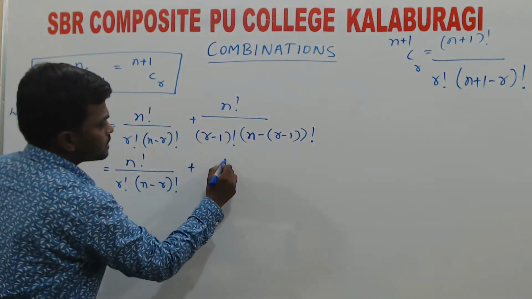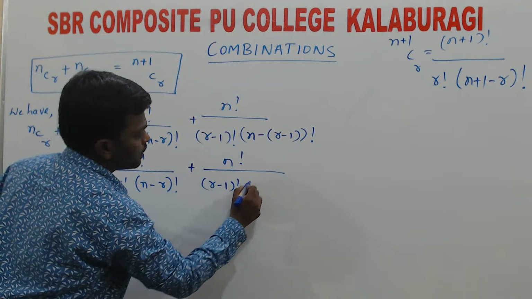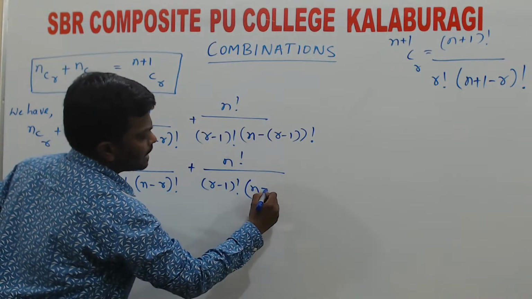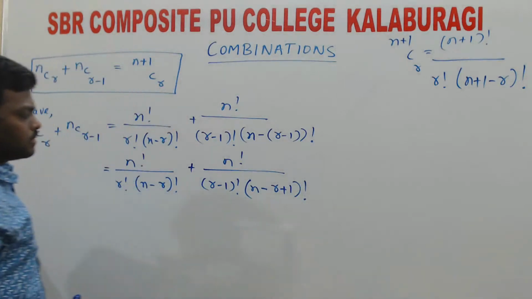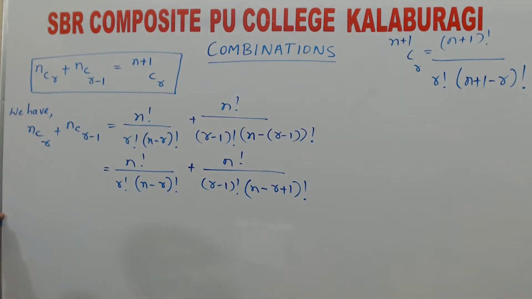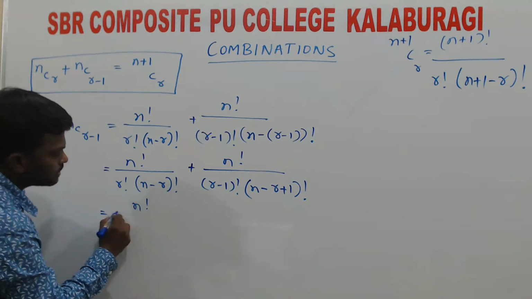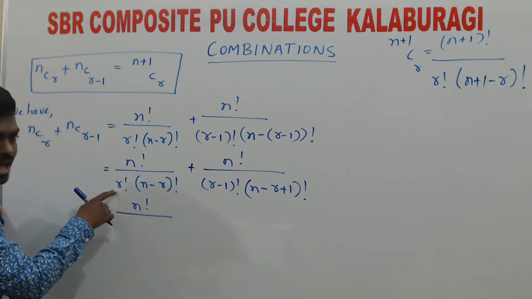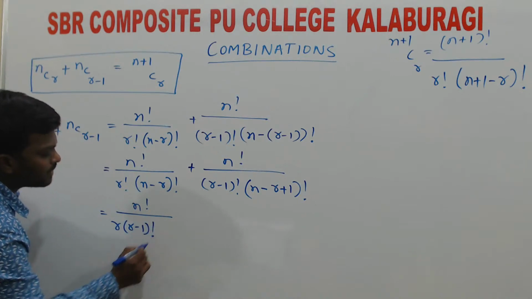So plus n factorial by r minus 1 factorial. Can I multiply the negative inside? Minus r plus 1 whole factorial. Now if you observe, can I further simplify r factorial as r into r minus 1 factorial?